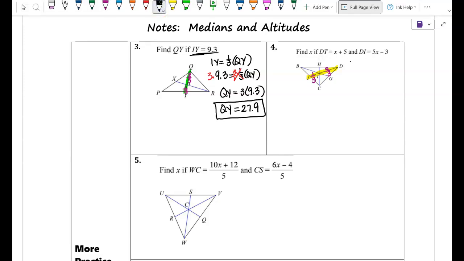So DT is 2/3 of DI, which means DT, x plus 5, is 2/3 of 5x minus 3.